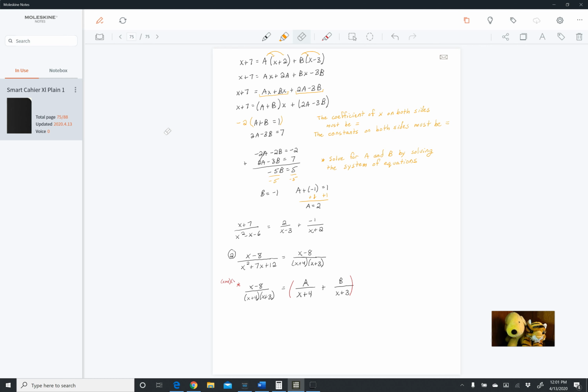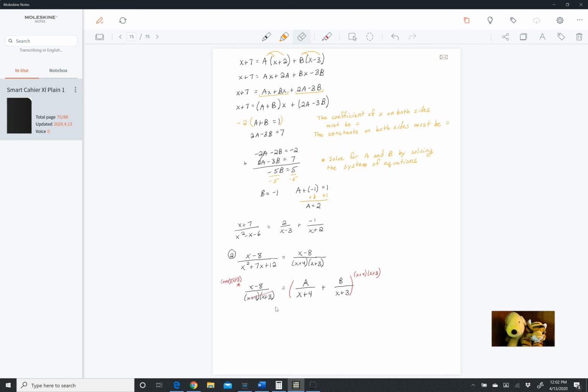The purpose of this is to get rid of the denominator. Okay, we want this to cancel. That's the whole point. And then we do the same thing over here, and that's going to get rid of the denominators. Okay, it's exactly what we did with the linear equations where we multiply by the least common multiple. That's what we're doing here. We're multiplying by the least common multiple.